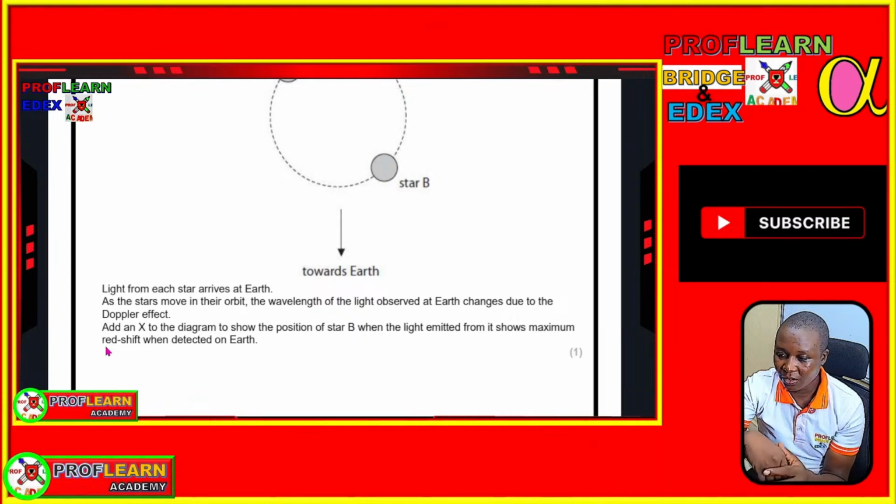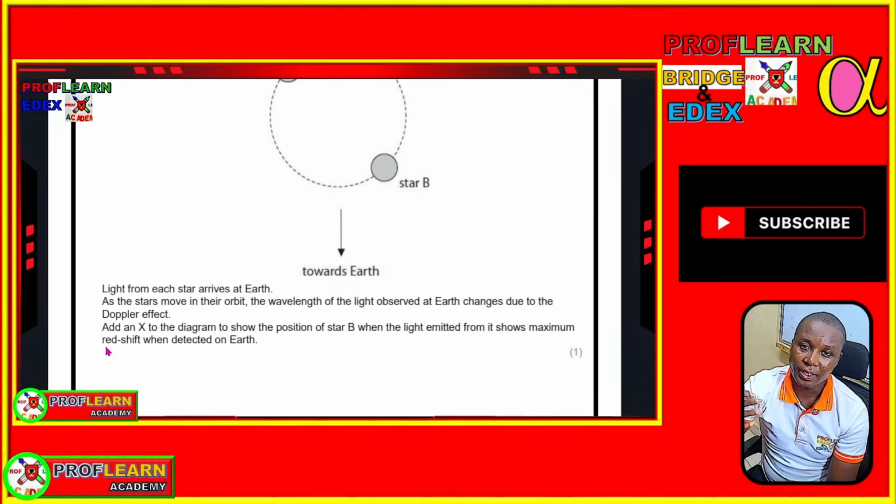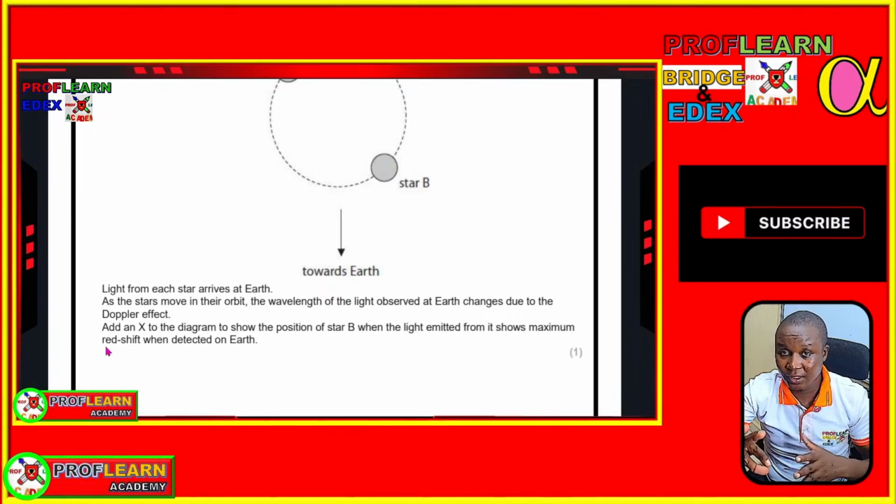That's a redshift. All galaxies display a redshift because the universe is expanding and the galaxies are moving away relative to the observer on Earth.